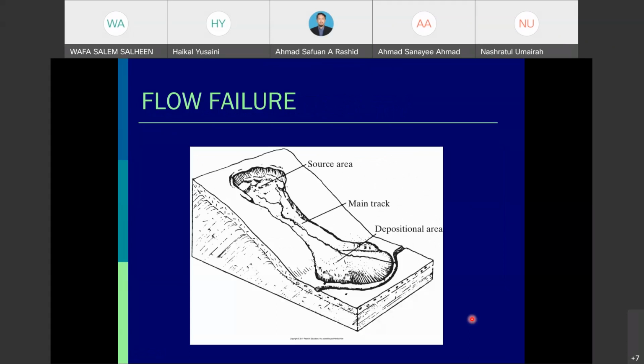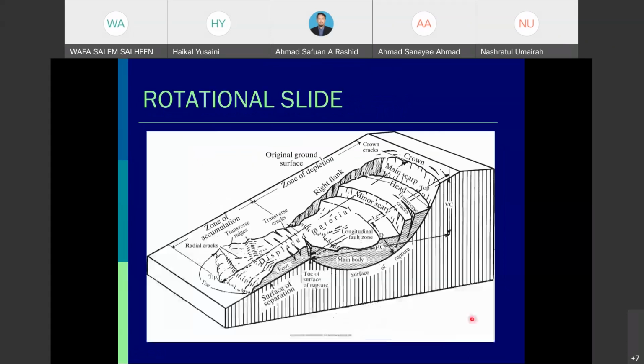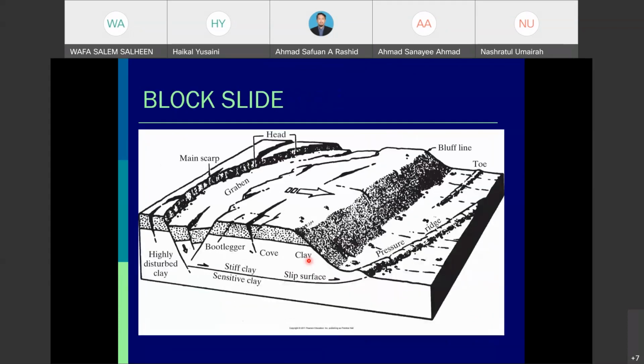And this is another example of rotational slide, where the whole structure failed due to this rotational slide event. And this is an example of the block slide, as we have discussed previously.